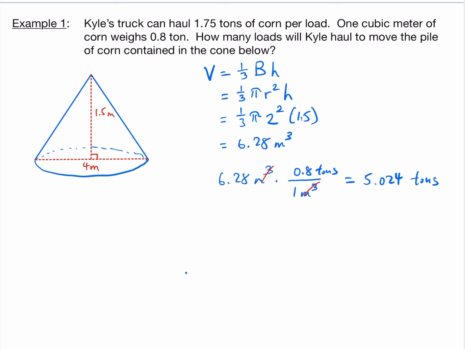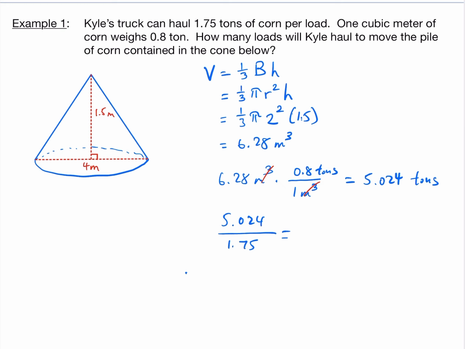Now that we've done the conversion, we have to take into account how much Kyle's truck can haul. It's 1.75 tons, and so we need to figure out how many loads that is equivalent to. So we're going to take 5.024 and divide that by 1.75 tons.